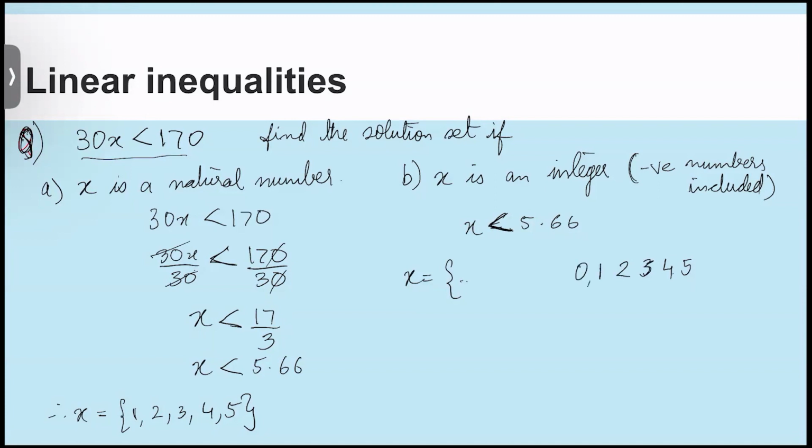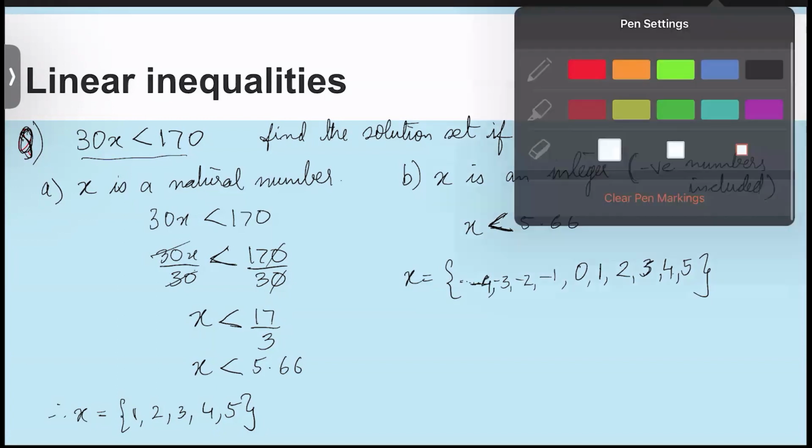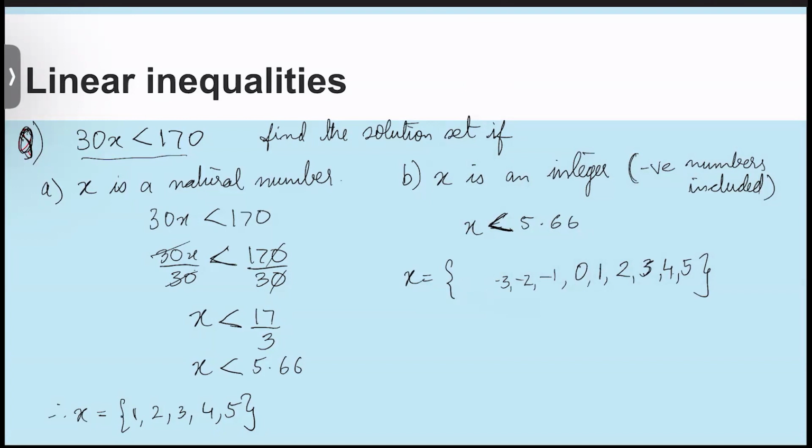Now 0 will also come here, and then you have the negative numbers: -1, -2, -3, all the way to the last integer that you can have. So all the negative numbers will come within this solution, because we have considered x as an integer and we are trying to find the solution.